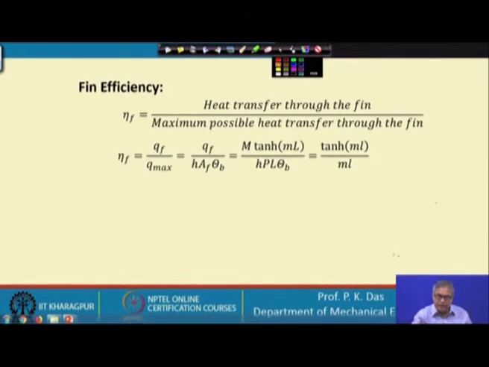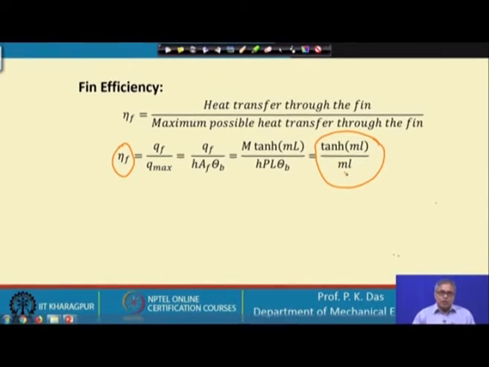We get the fin efficiency eta f, which is given by tanh ml by ml, hyperbolic tangent of ml by ml. I am not going back, but m was defined in the previous slide. It is a thermogeometric parameter of the fin, which is very important for fin design, and L is the length of the fin. So, with this we get the efficiency of the fin.